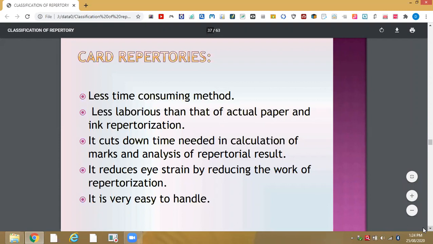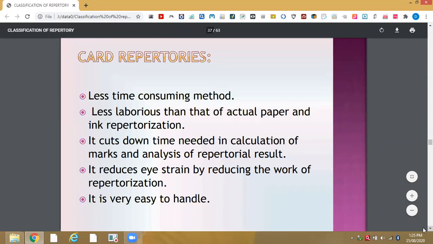After making the repertorial totality we find the same rubrics in the repertory, and then note down the marks according to the repertory, in which grade each medicine is written in front of that rubric.